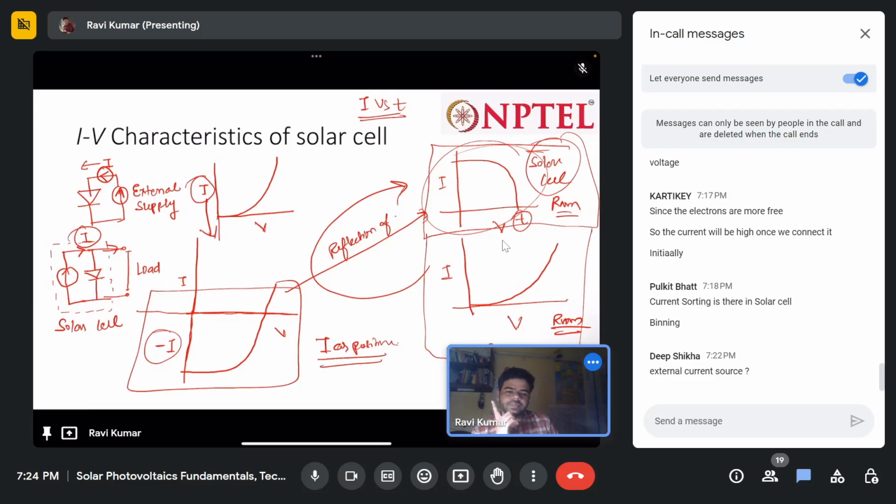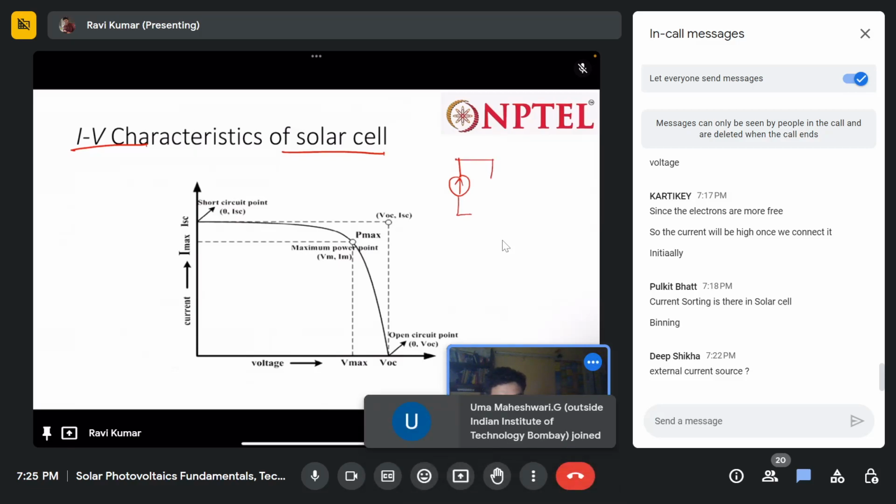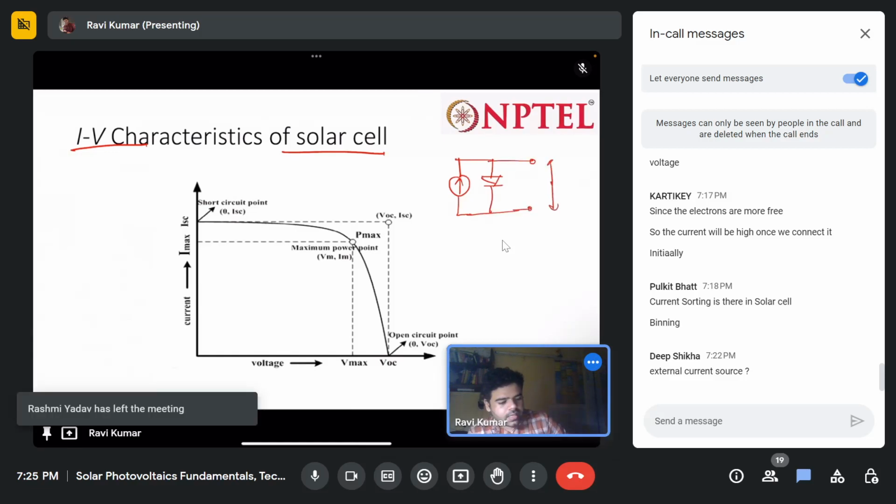Now there are many terms which are handy for a solar cell to understand. First I will draw a circuit, then I will tell you with respect to IV characteristics. I told you this is a current source and this is a diode, and these are terminals A and B, and this complete thing is our solar cell in terms of an electronic circuit.